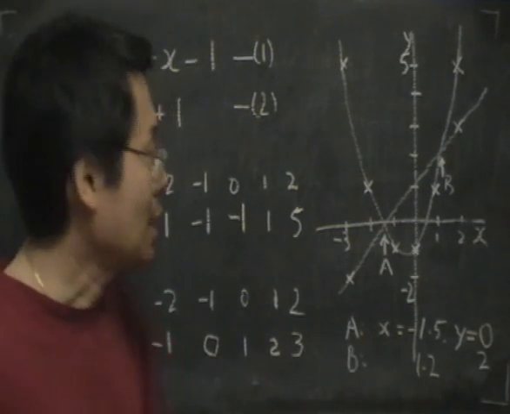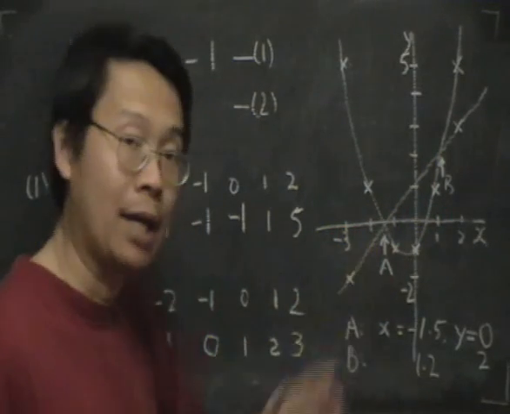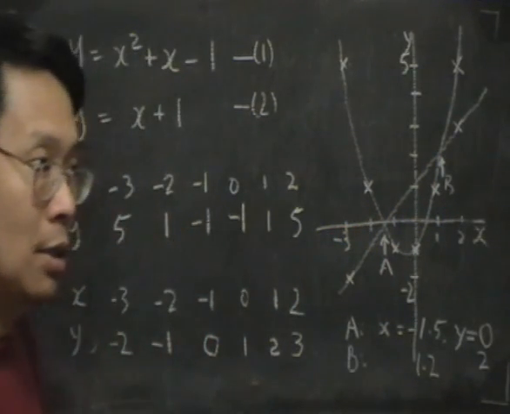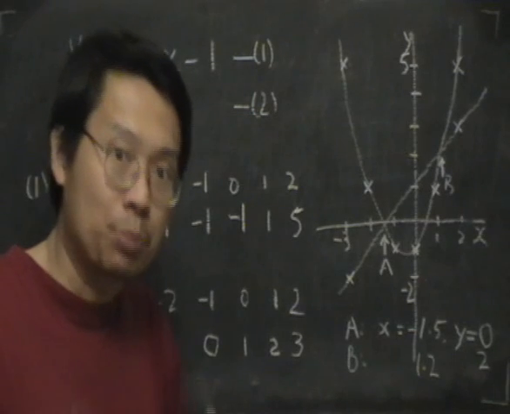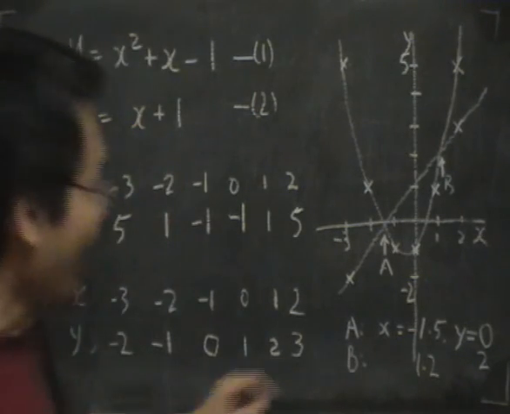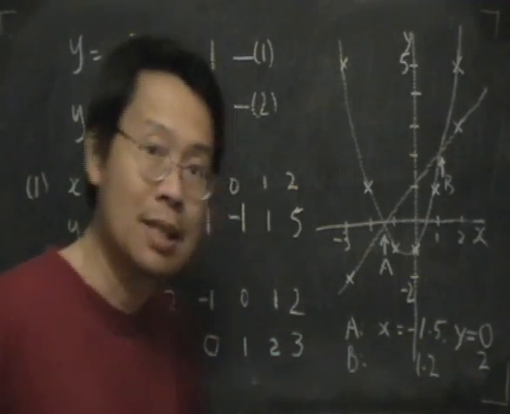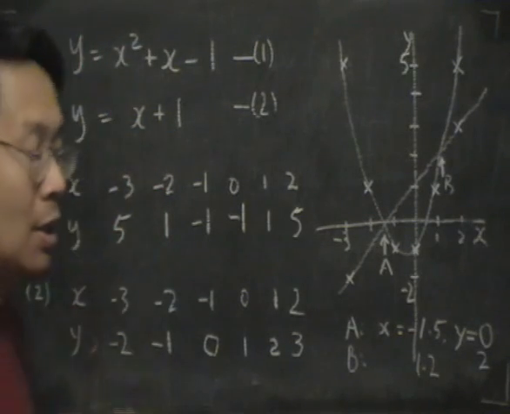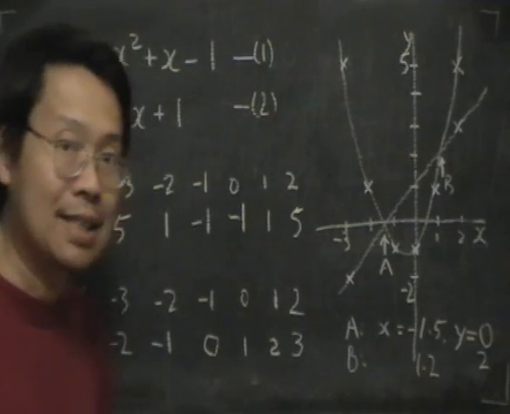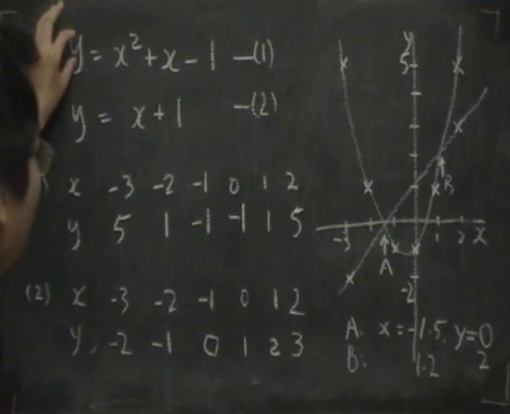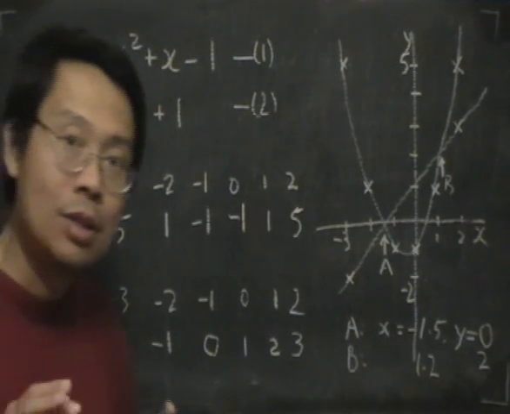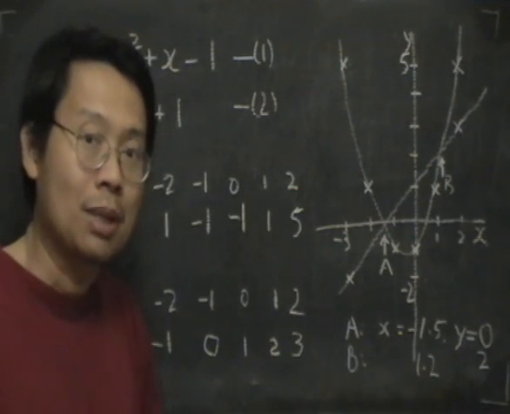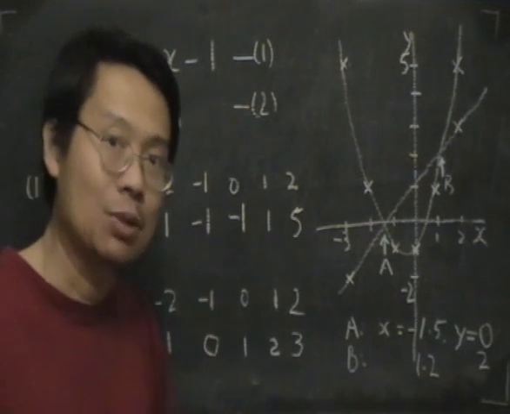Now what that means is that the answers that you get from the graph may only be approximate. So if you actually substitute these numbers into the equation, it may not be satisfied exactly. So for example, left side might be nearly equal to the right side, but they may not exactly be equal.